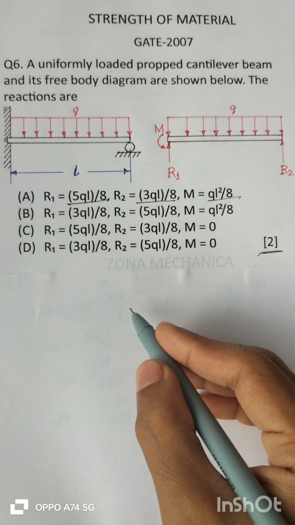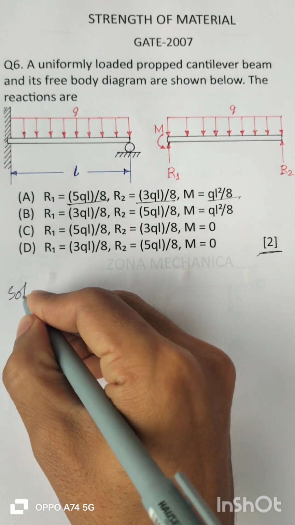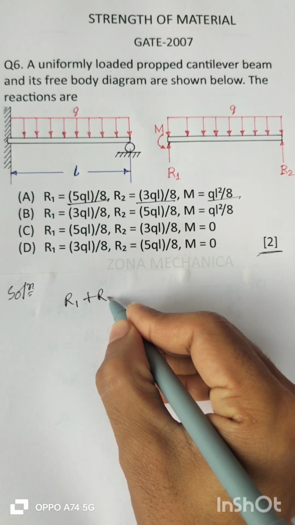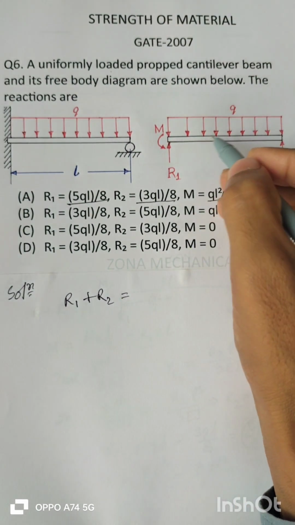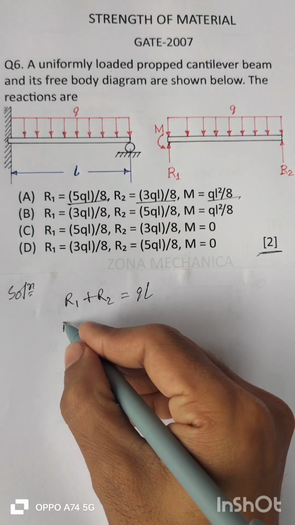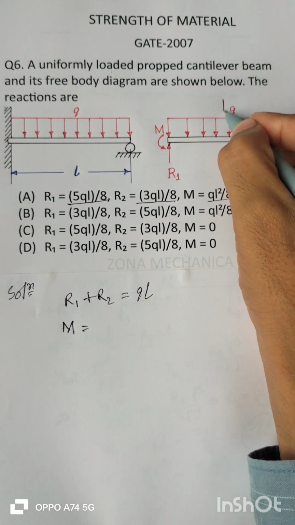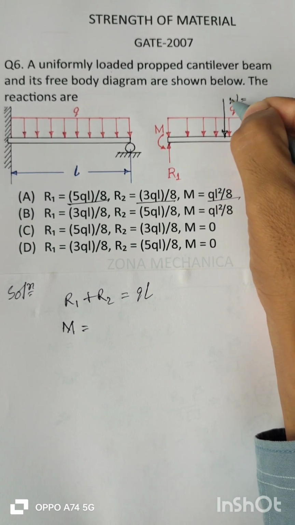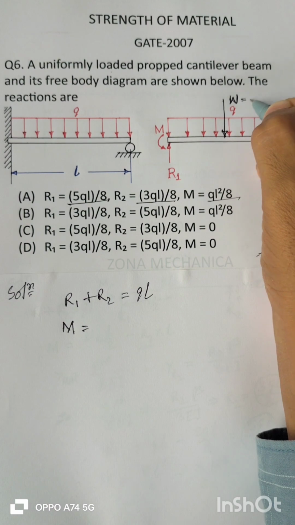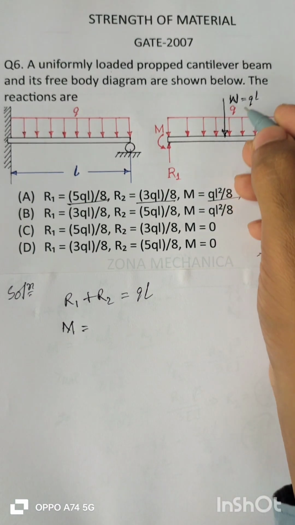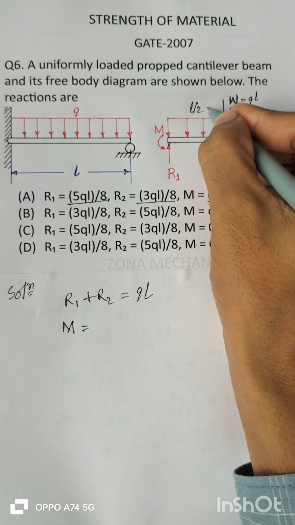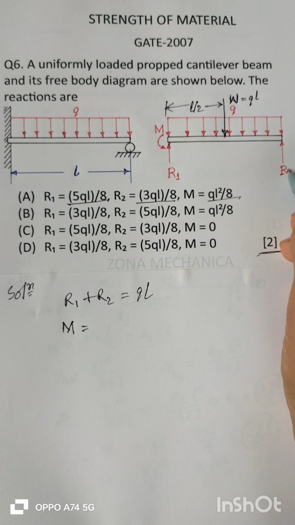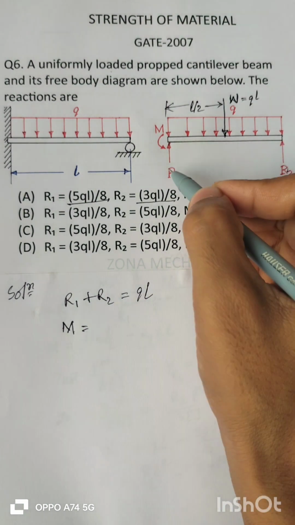From the configuration we can say that R1 plus R2 is equal to the total load Q into L. Now for M, we can assume that the total load is acting at the mid span. Suppose W is the total load, which will be equal to Q into L. So this load is acting at L by 2, and R2 is at L distance, and R1.